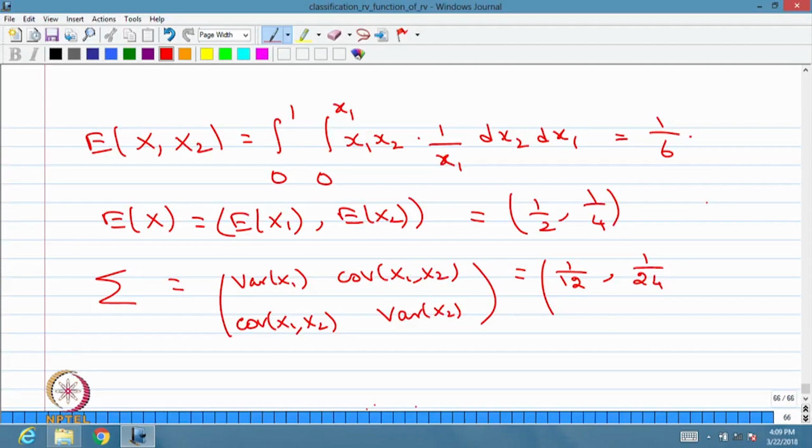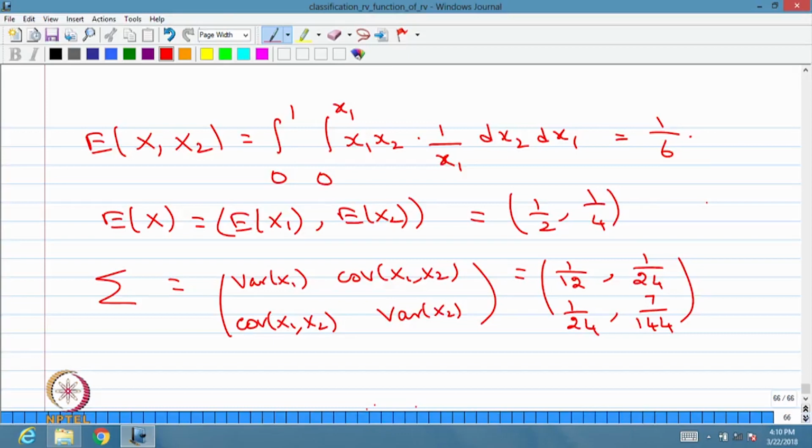Since covariance of x1, x2 is 1 by 24, covariance of x2 comma x1 is the same, 1 divided by 24. Variance of x2 is expectation of x2 square minus expectation of x2 the whole square. You do the simplification, you will get 7 divided by 144. So this is the covariance variance matrix for the random vector x1, x2.